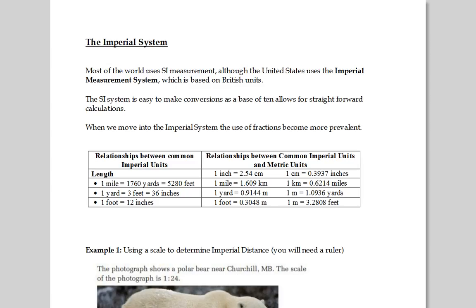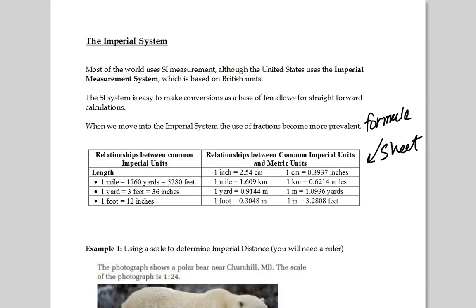So we'll just jump into the imperial system here, and this chart here is the one that you'll be given on your formula sheet, so I'll get that to you soon. This will be on your formula sheet, the exact one. And the international system is called the SI.